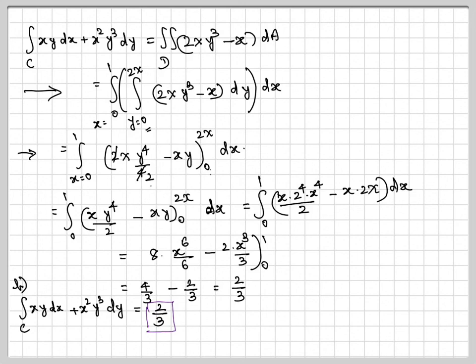If you substitute for y the upper and lower limits, we get an integral purely in terms of x. Then integrate with respect to x and plug in the limits 0 and 1. You get 4 over 3 minus 2 over 3, which is equal to 2 over 3.